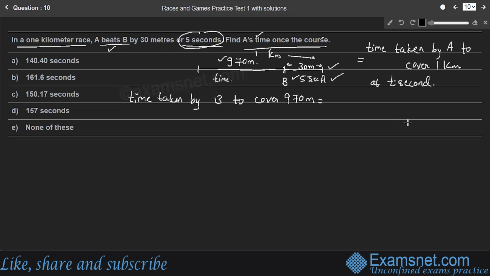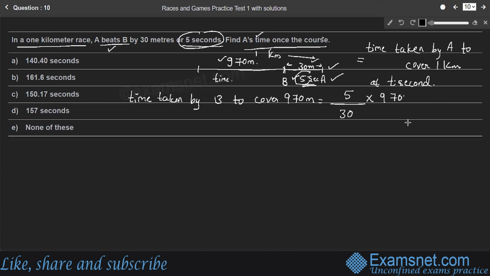Here A doesn't take 5 seconds; B requires 5 seconds to cover 30 meters. Therefore, A beats B by 30 meters or 5 seconds, and this time is required for B, not for A. Therefore, to cover 30 meters B takes 5 seconds, and this is how you have to calculate to cover 970 meters.